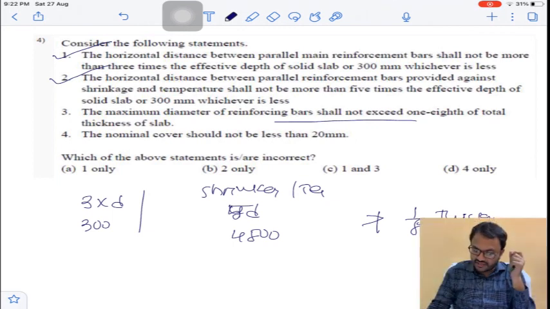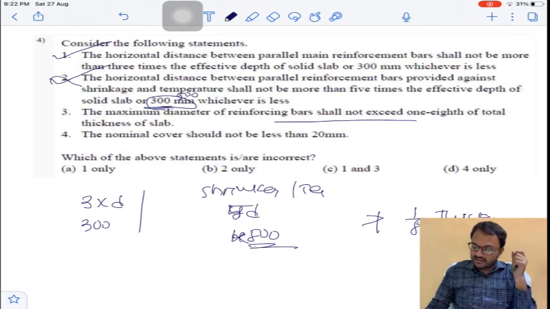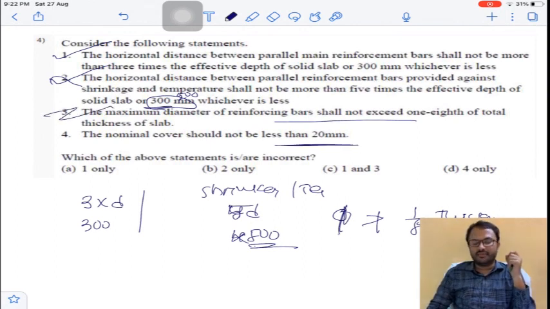You have to observe here, it is 300 and it has to be 500. So this 300 is wrong, and the option B, the second, is wrong. The maximum diameter of the bar shall not be more than 1/8 of the thickness of the slab. This is correct. And nominal cover of the slab should not be less than 20 mm. This is also correct. So the only wrong option is the second, option B.